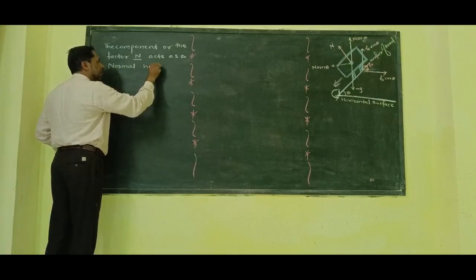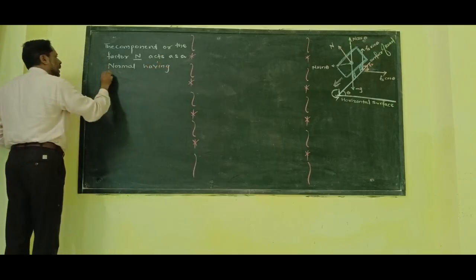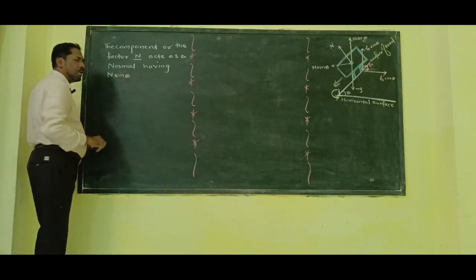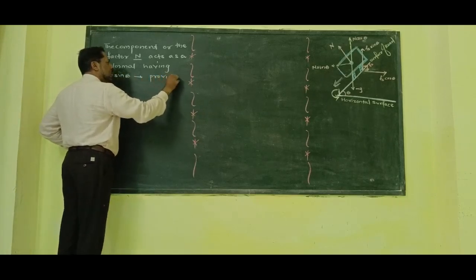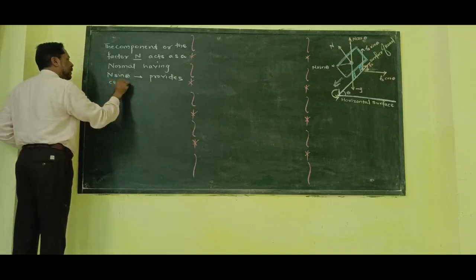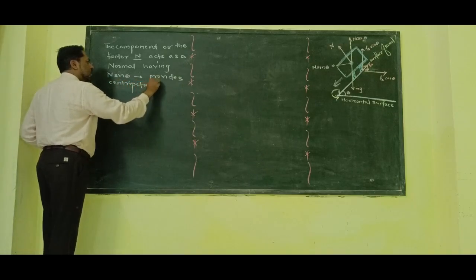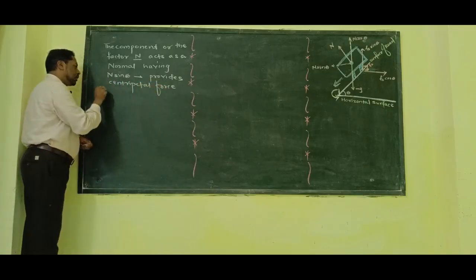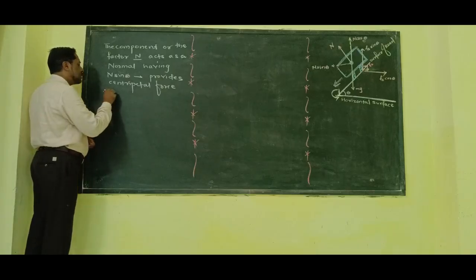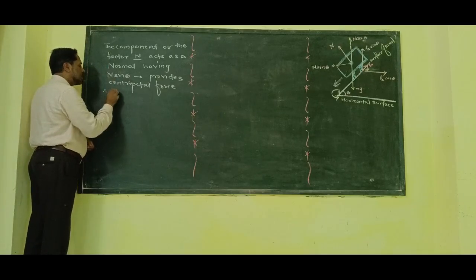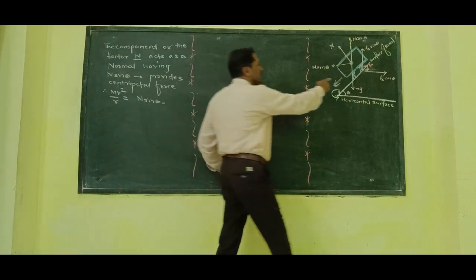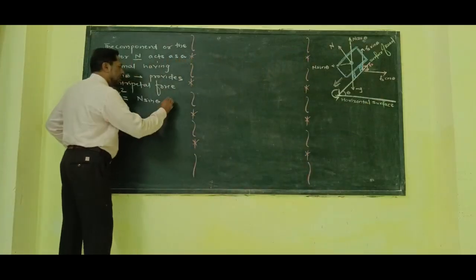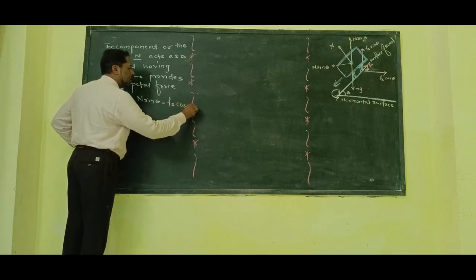Having n sin theta, which provides centripetal force, we can write that n sin theta, that is centripetal force mv square by r, is equal to, as seen in the diagram, n sin theta minus static friction, that is Fs cos theta.